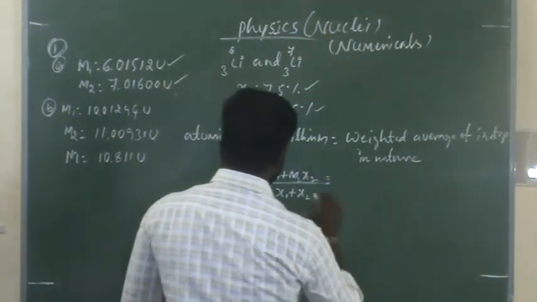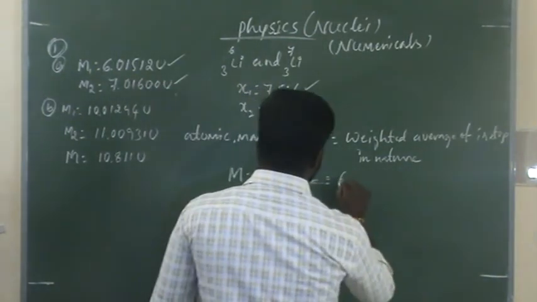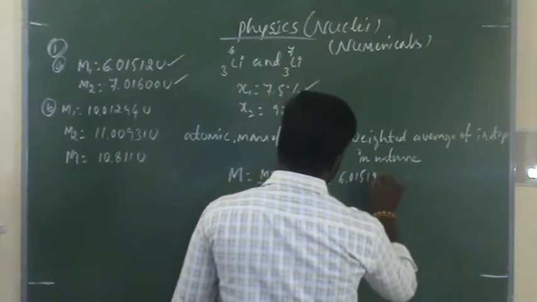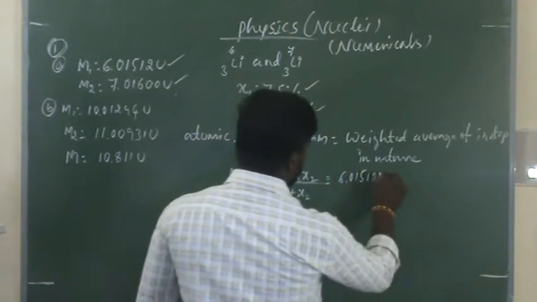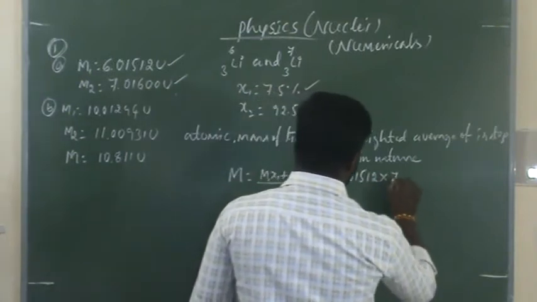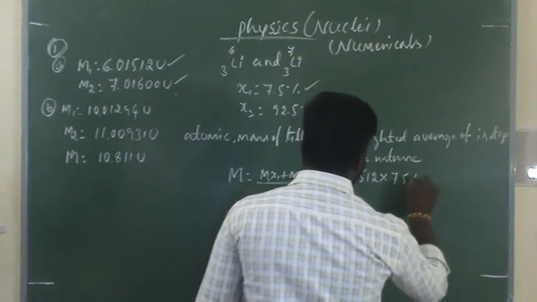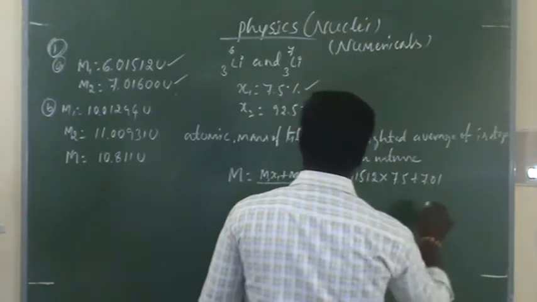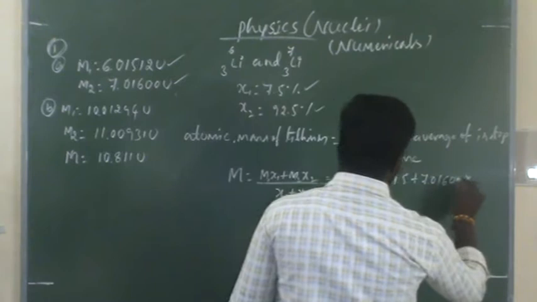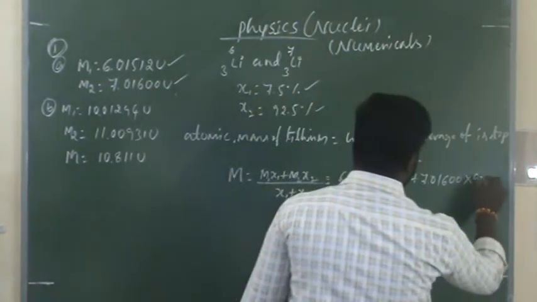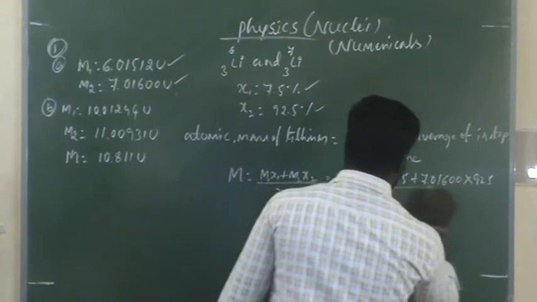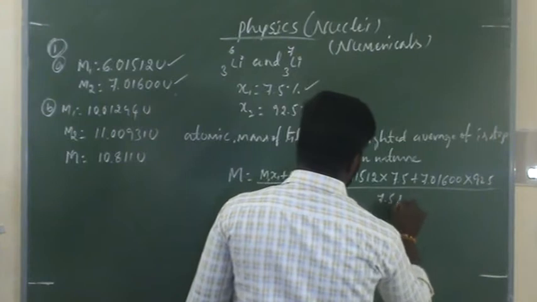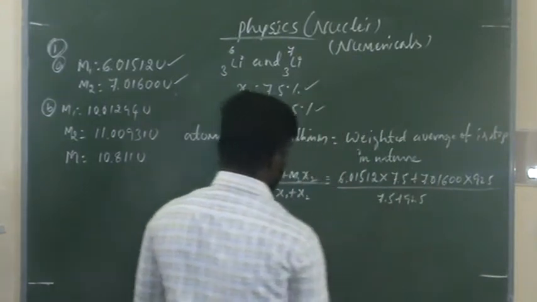So substitute the values. m1 is 6.01512 into x1, which is 7.5, plus m2 which is 7.01600 into x2, which is 92.5, divided by x1 plus x2, 7.5 plus 92.5.